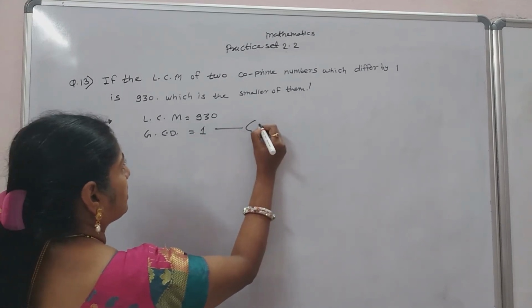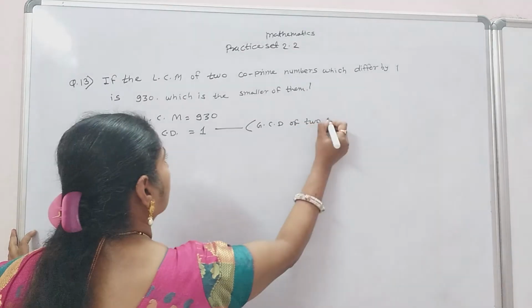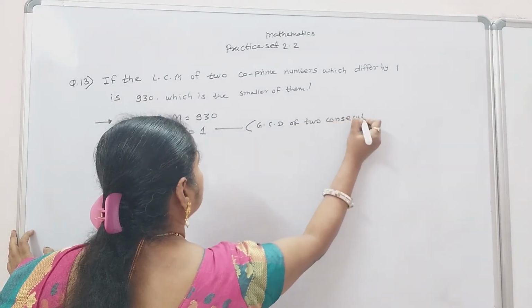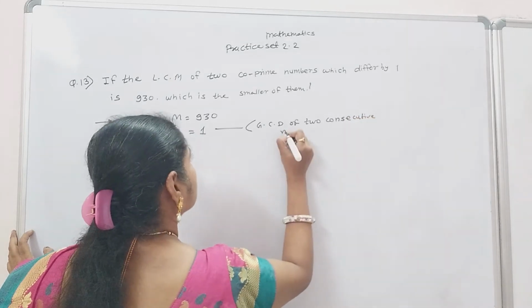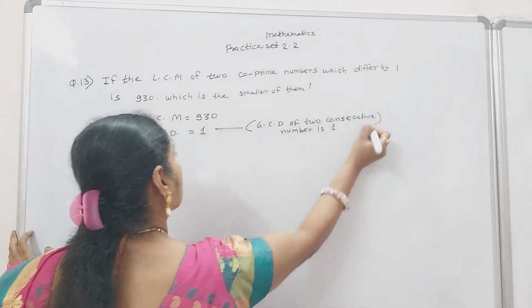The reason is the GCD of 2 consecutive numbers is 1.